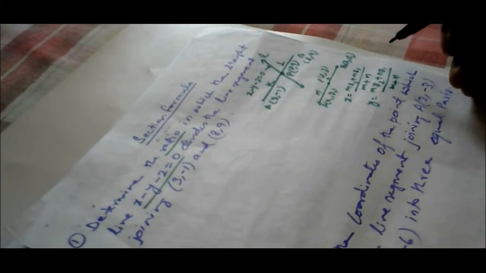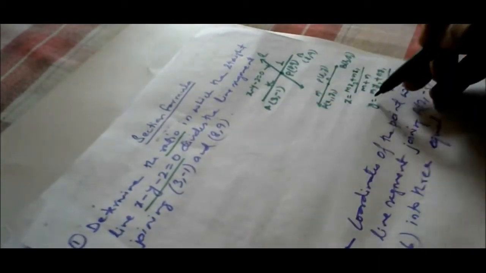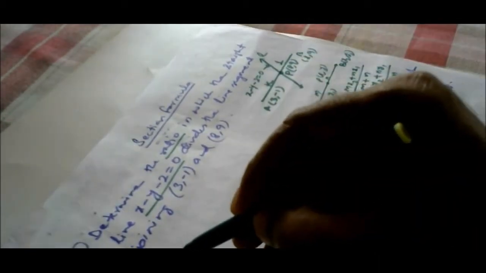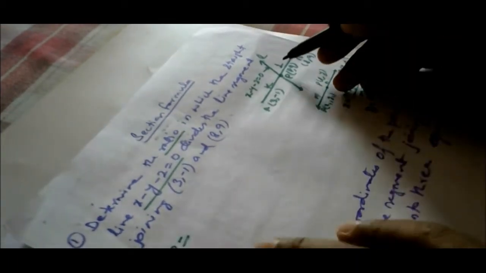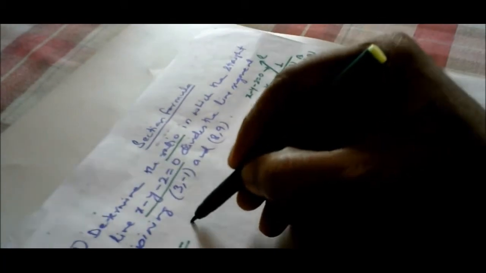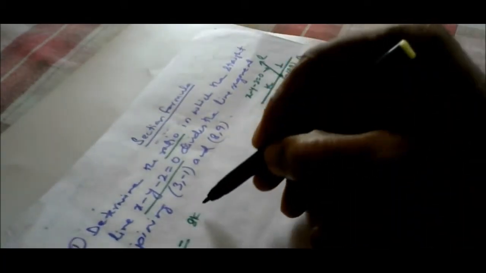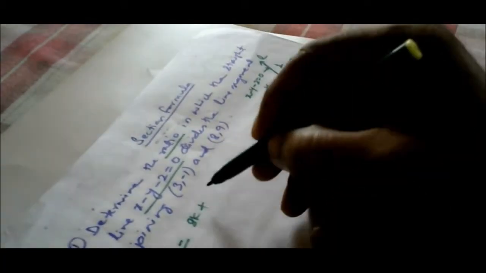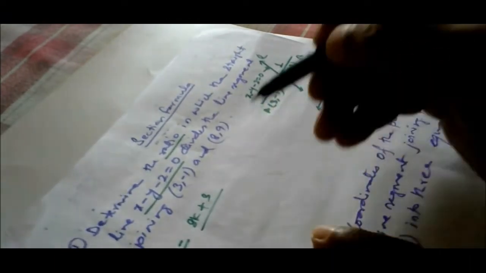So by utilizing this formula we will be able to find it. Similarly, here k is to 1, so using the same formula, p is equal to 8k plus 1 into 3, that is 3, divided by k plus 1.